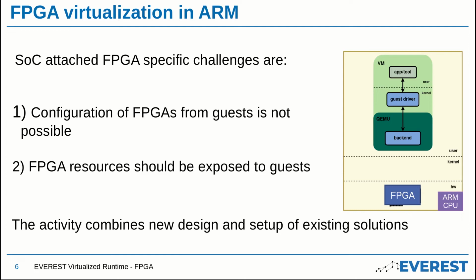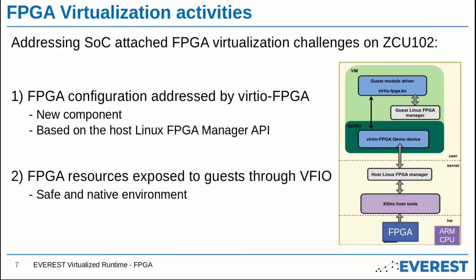Till now, there is no way to trigger FPGA programming requests from inside guest systems, and this will be the innovation of the current activity. As for the utilization of the resources, we try to set up a simple and effective way using existing technologies. So, new design as well as orchestration of existing solutions are part of the activity and both contribute to the achievement of our final goal.